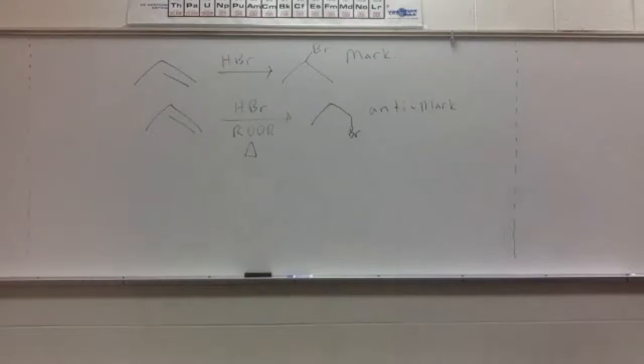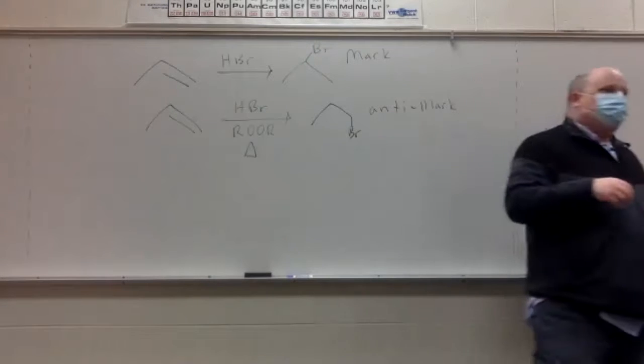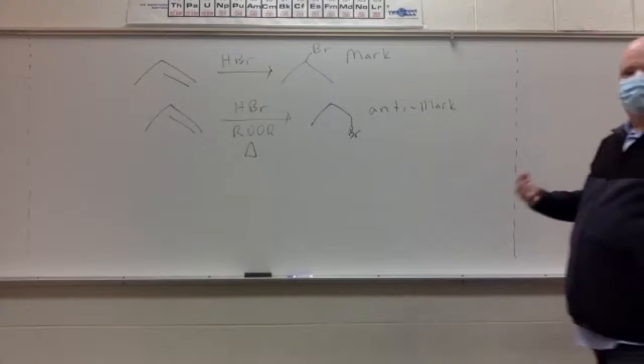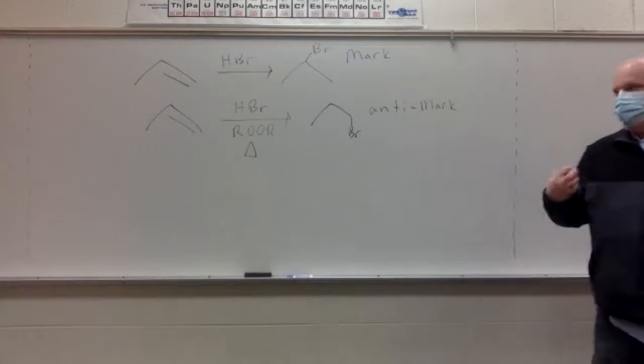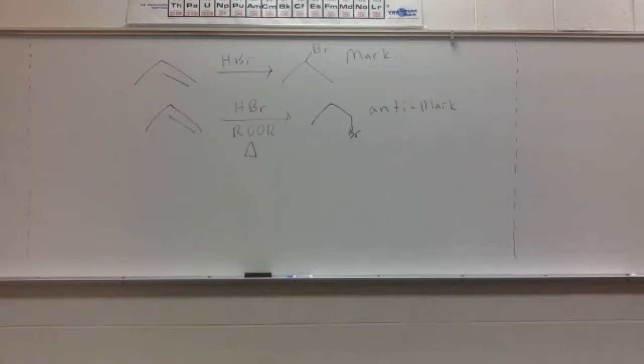And that's real convenient, right? Because sometimes in a synthetic process you have a halogen on an inconvenient spot, a place that's difficult to reach through traditional Markovnikov addition. Well, this is a great way to remedy that. Okay?